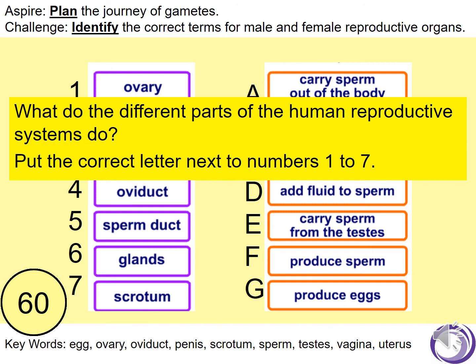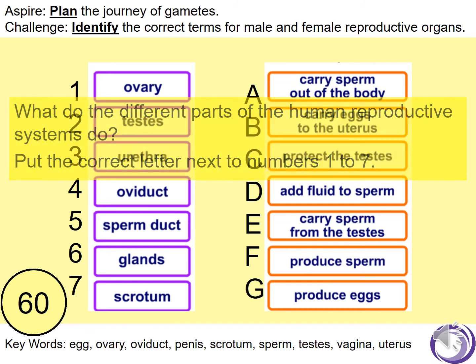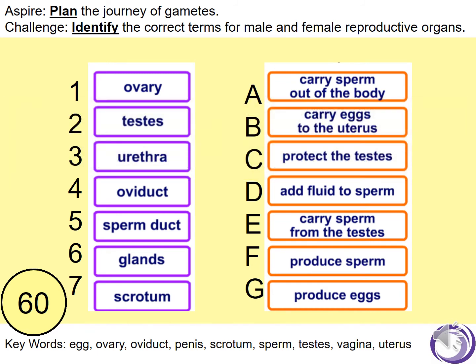So you're going to end up, for example, the ovary produces the egg, so therefore it would be 1 with a G. So let me move the question for you, and I'm going to give you a minute in which to write down a number and a letter that matches the part. Off you go.